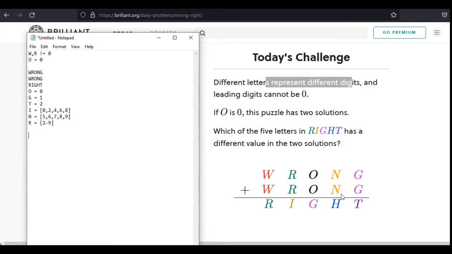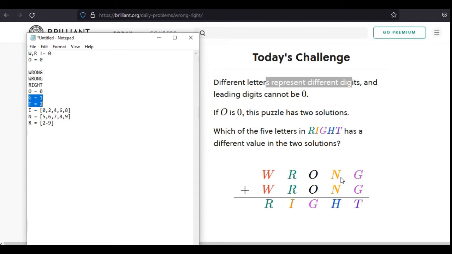In WRONG and RIGHT, the only common things are G and R. I is not here, H is not here, T is not here. We still do not know H. All we know is that H is an even number, because G is 1 and T is 2.